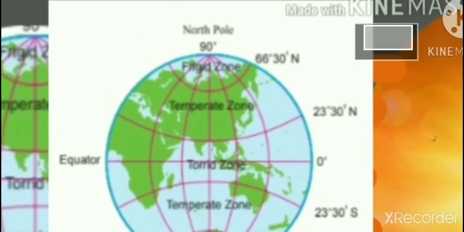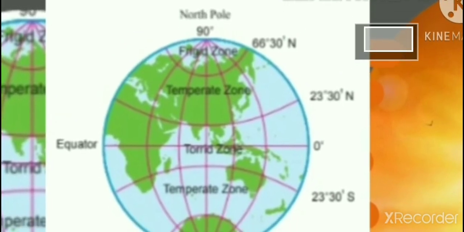Perpendicular rays. As we go further, from 23 degree 30 minutes to 66 degree 30 minutes north and south, it is going to occupy which rays? Slanting rays. Okay, as we move further, 66 degree 30 minutes to 90 degree north and south is going to occupy which rays? Extremely slanting rays.